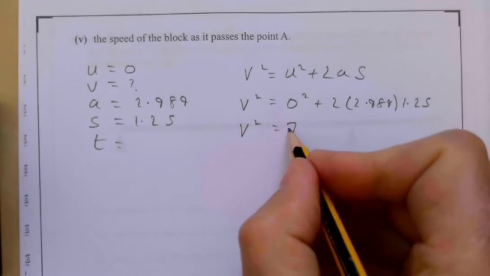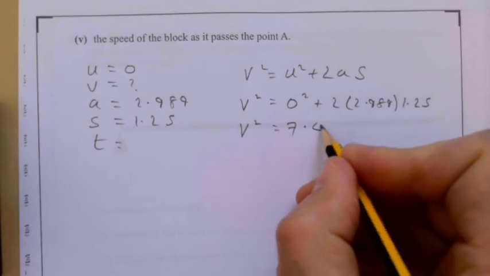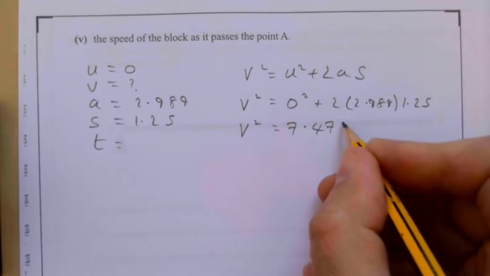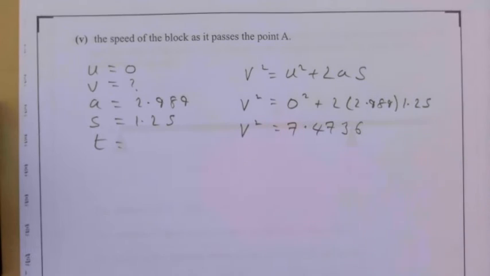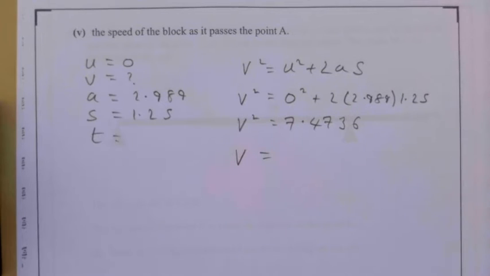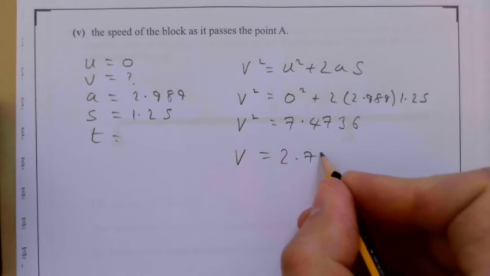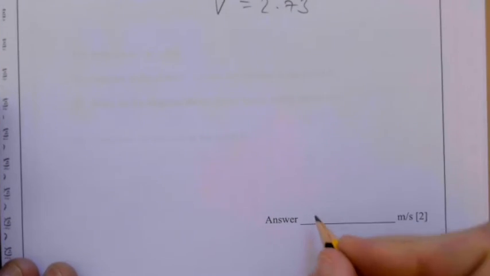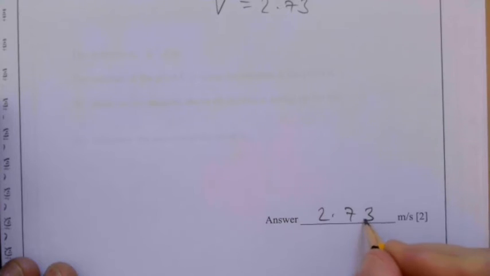I think we get 7.4736. And then take the square root, and we get 2.73. That's our final calculation required, so we don't need to go with any more accuracy. 2.73.